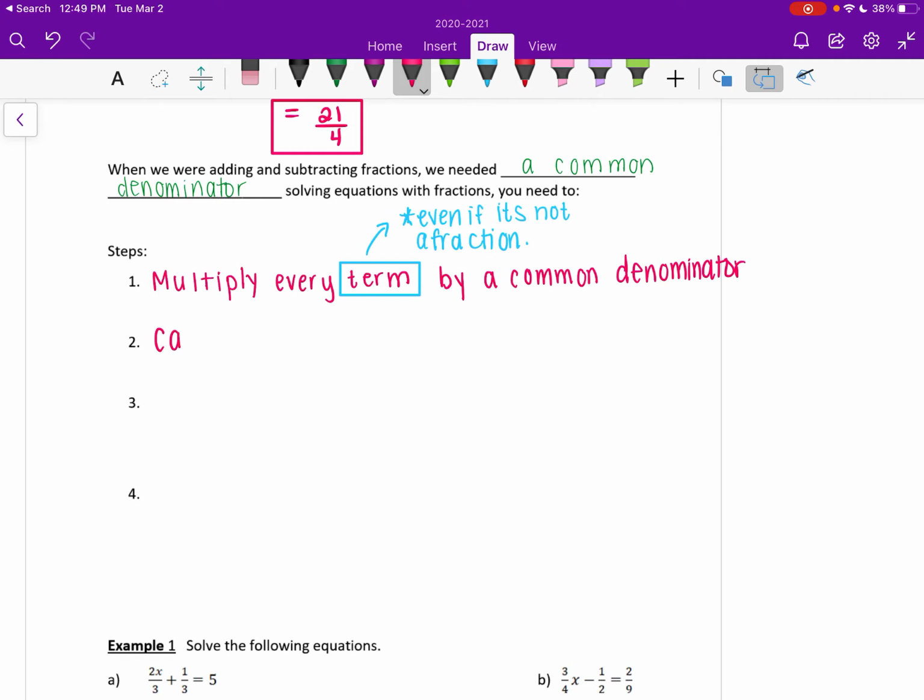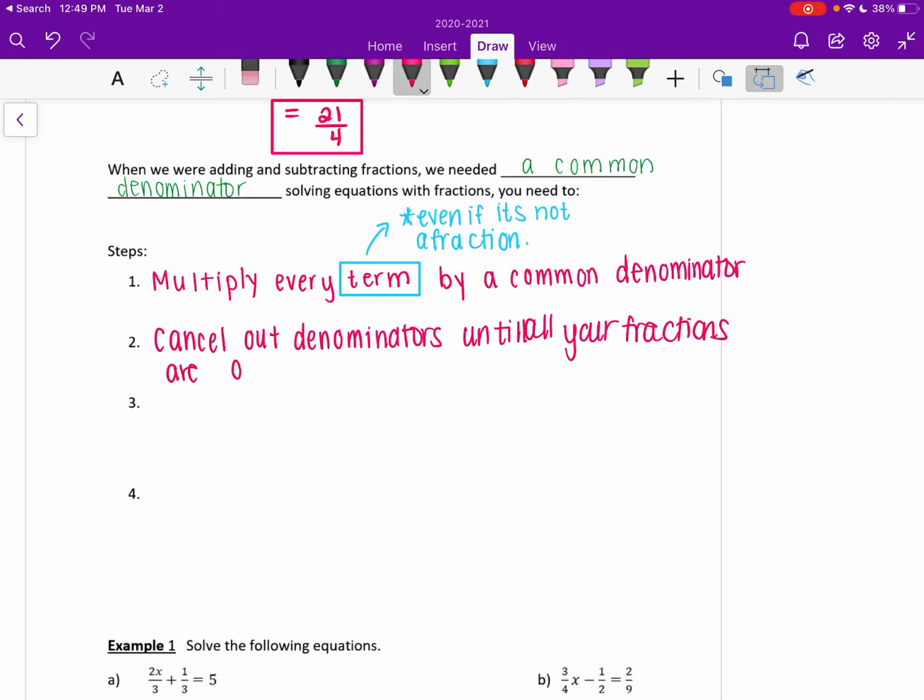Then you're going to cancel out the denominators until they are all 1, right? So you're going to cancel out denominators until all your fractions are over 1. So the bottom number will be 1.